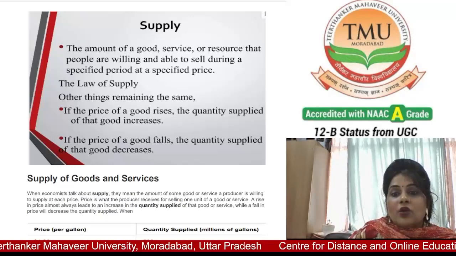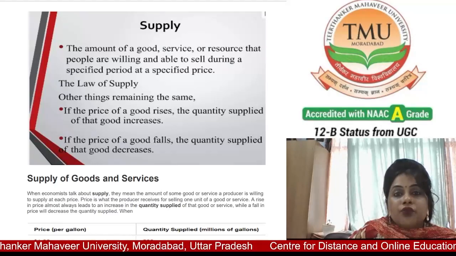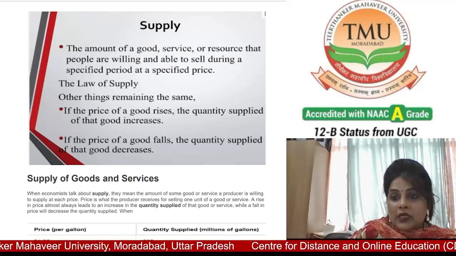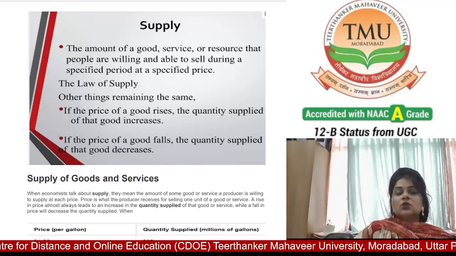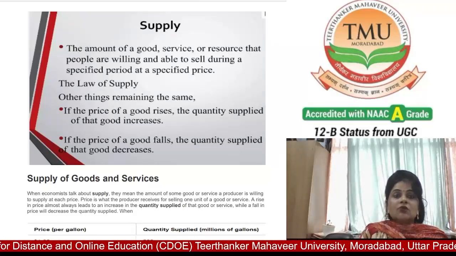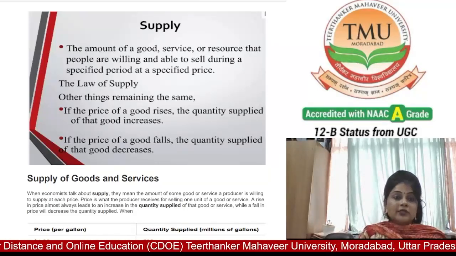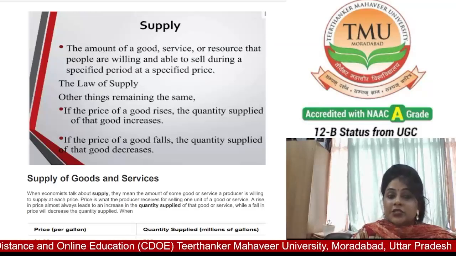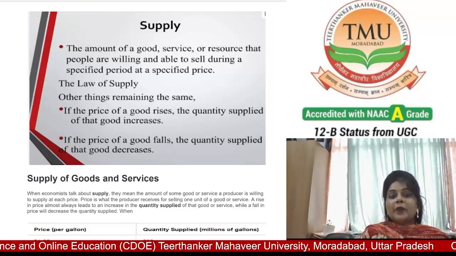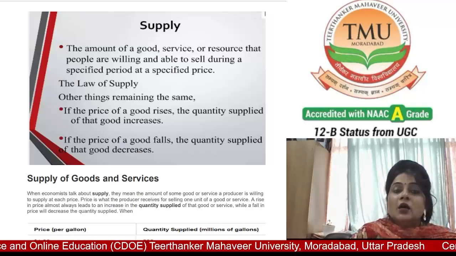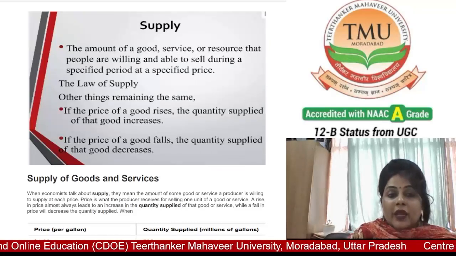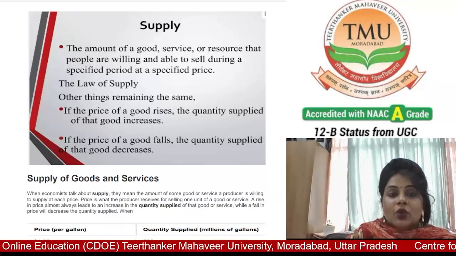If the price of a good falls, the quantity supplied of that good decreases. So the law of supply relates price changes for a product to the quantity supplied. The relationship is direct, not inverse. The higher the price, the higher the quantity supplied. Lower prices mean reduced supply, all else being equal.